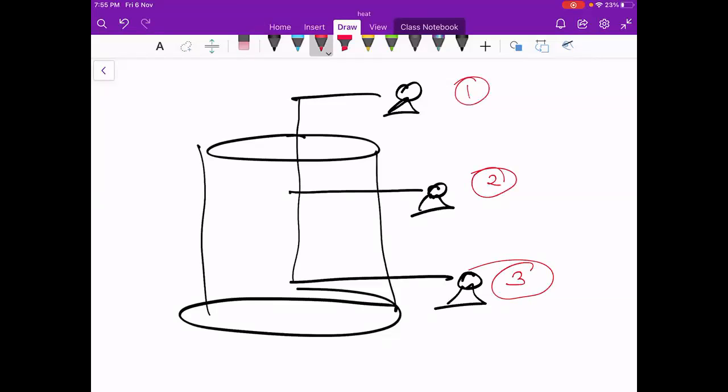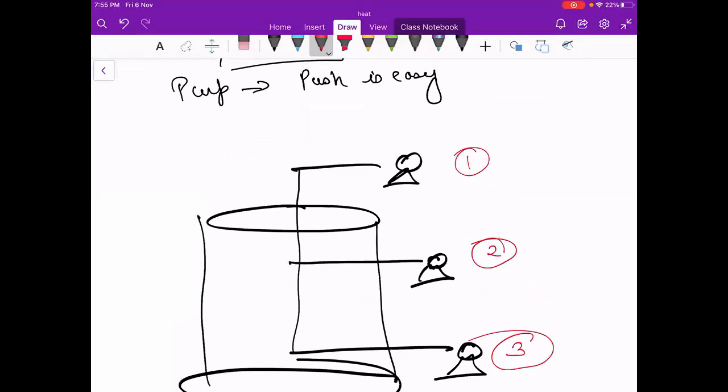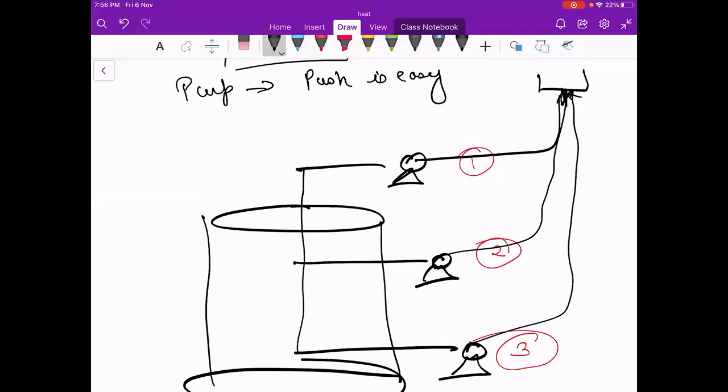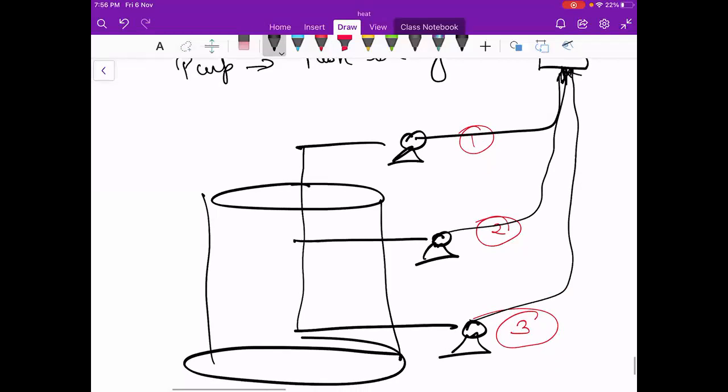Which one will be easier, first, second, or third? Suppose all the water has to go from here to this tank. Which one will be easy?